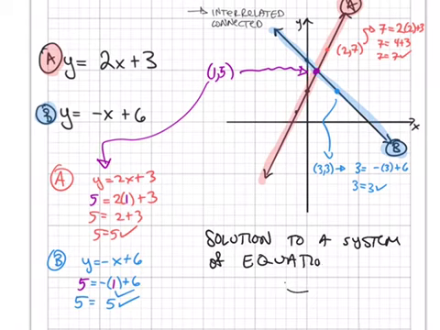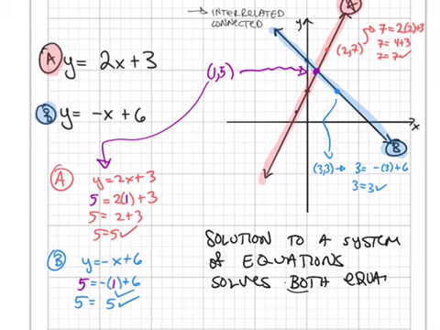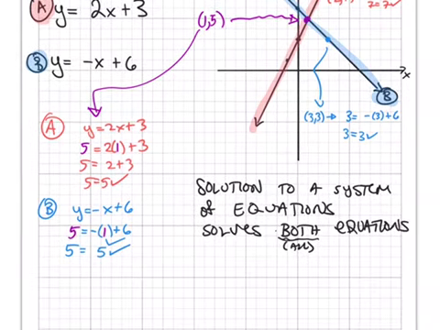And so a solution to a system of equations solves both equations. I sometimes like to say simultaneously or at the same time. And we can also say sometimes all, because what if there were 3 equations, etc. So let me say again, a solution to a system of equations solves both equations simultaneously or at the same time.